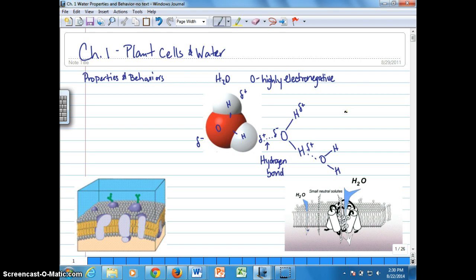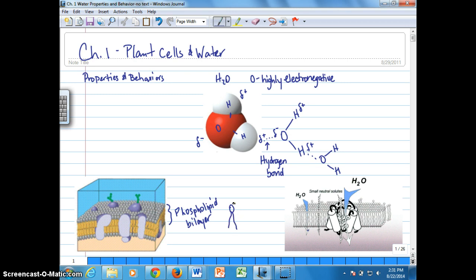Okay, so when we take a look at membranes, over here on the far left, we have that phospholipid bilayer, if you remember, which is made up of phospholipids. A bilayer is two layers of phospholipids, and each phospholipid is made up of a hydrophilic phosphate head and two hydrophobic fatty acid tails.